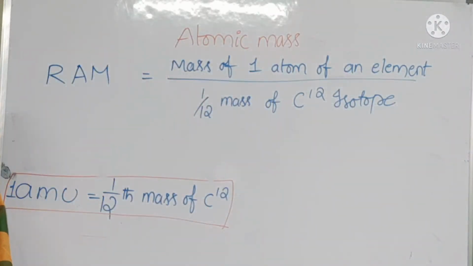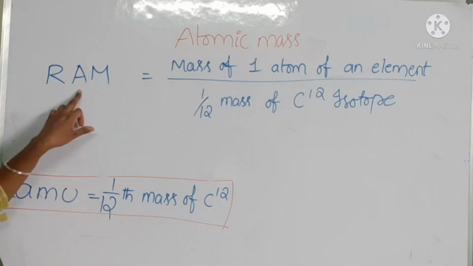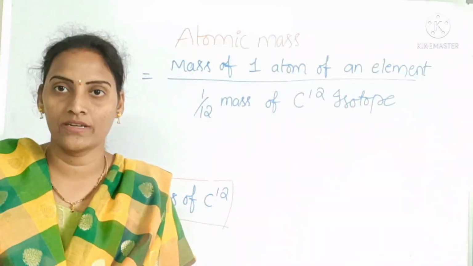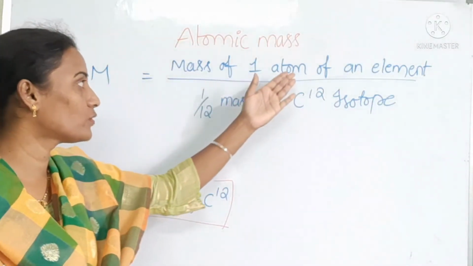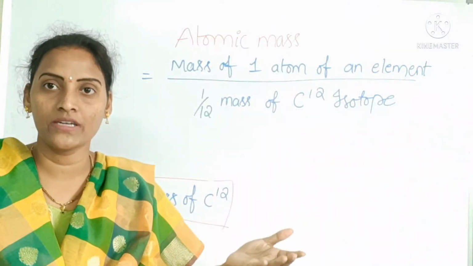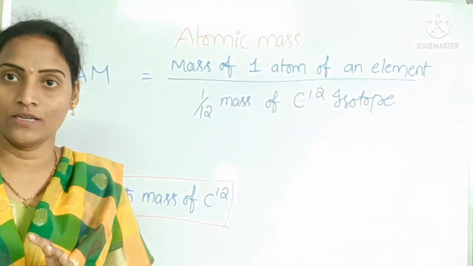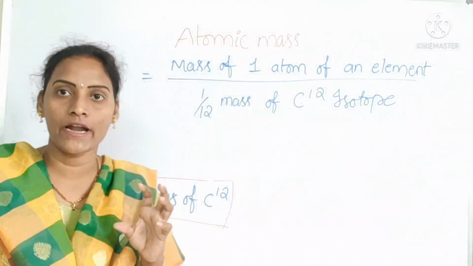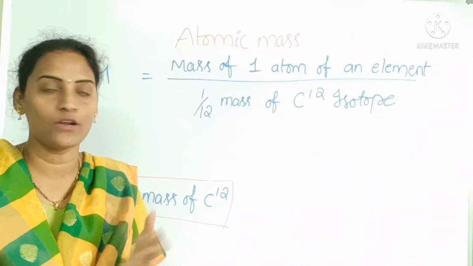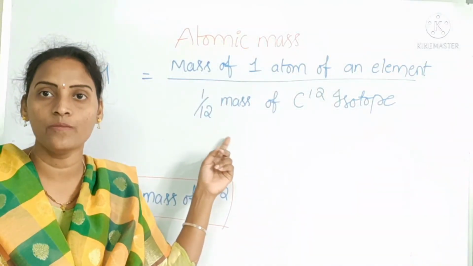RAM is nothing but the relative atomic mass of an element, equal to the mass of one atom of an element divided by 1/12 mass of the C12 isotope. That is nothing but how many times an atom of an element is heavier than 1/12 mass of the C12 isotope.